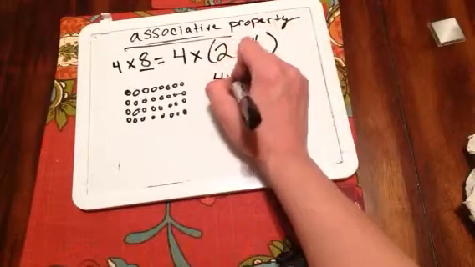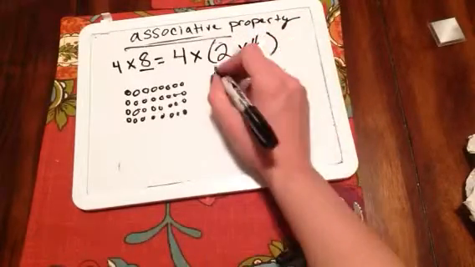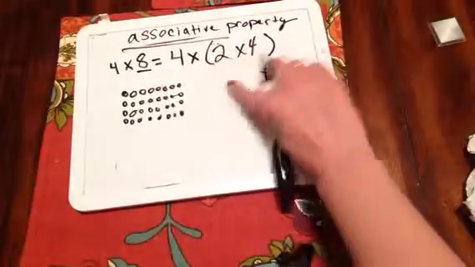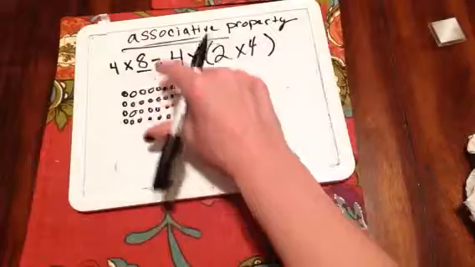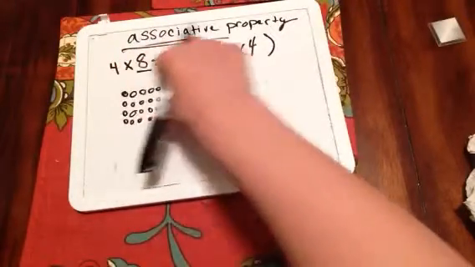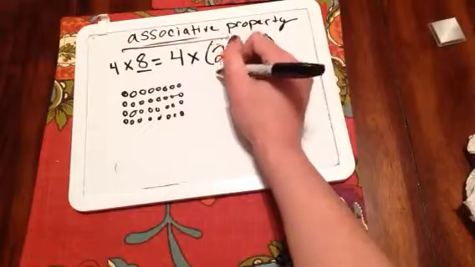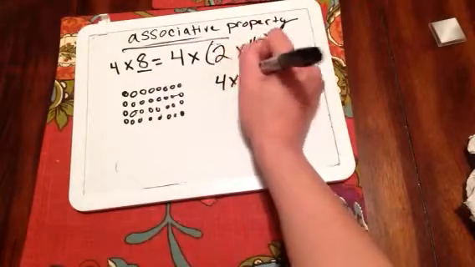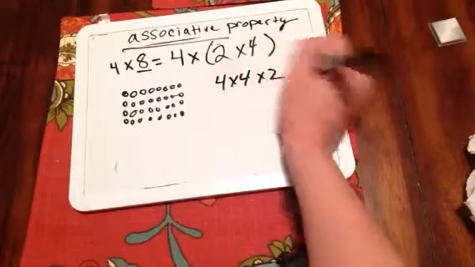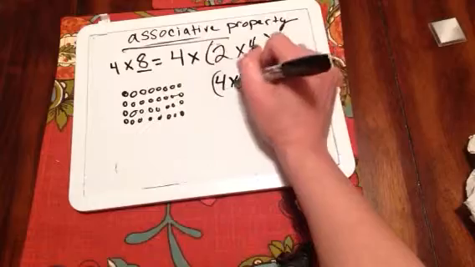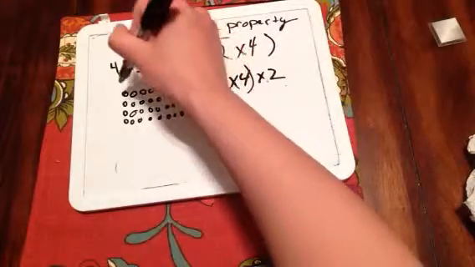Because watch, if I do 4 times 2 times 4, and I just move this over, what's that going to do, right? But let's just say, because I want to show you how to change this up a little bit, let's make it 4 times 4 times 2. Let's see if that's going to work. 4 groups of 4. Aha!